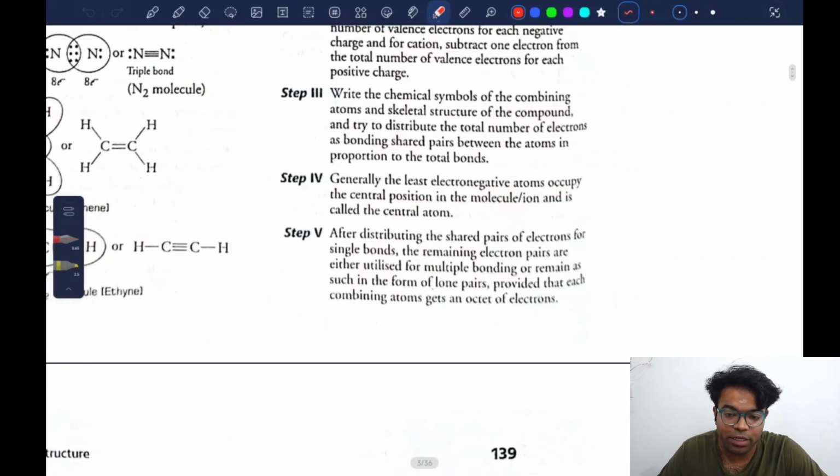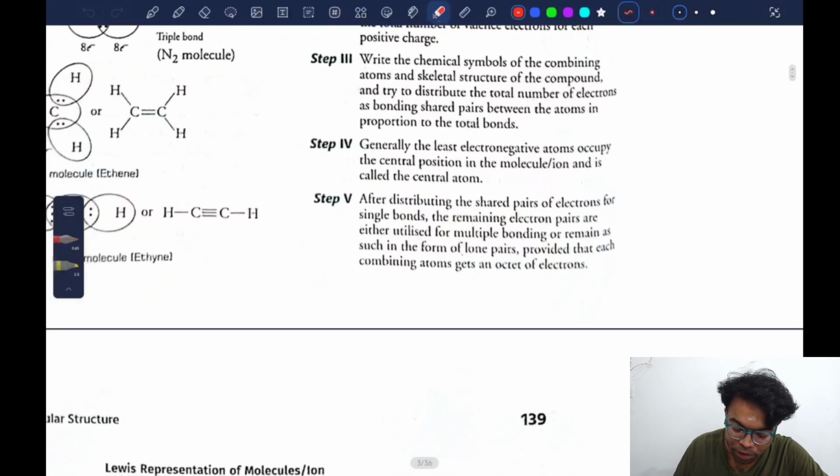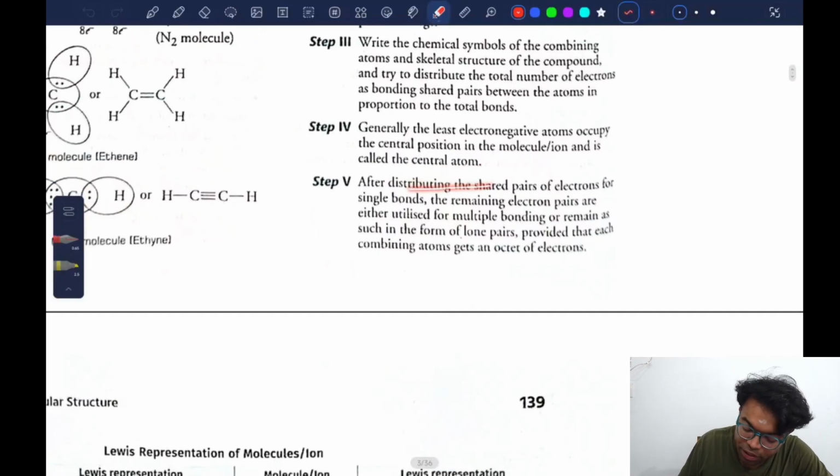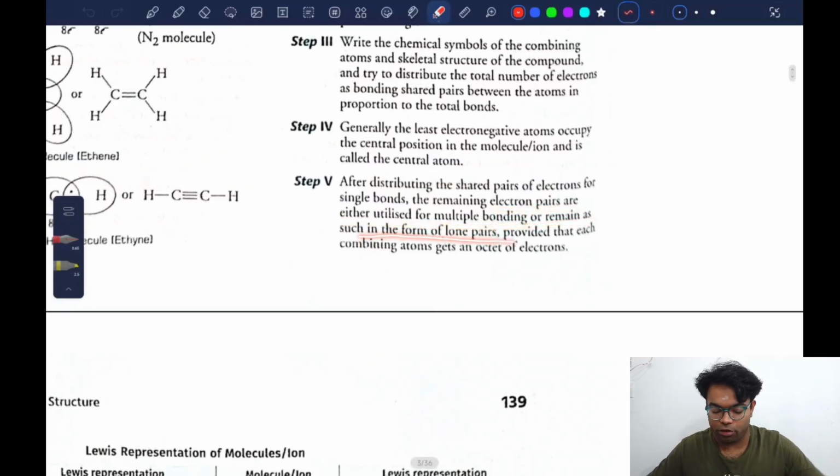Electronegativity is the ability of an atom to attract the shared pair of electrons towards itself. So generally the least electronegative atom occupies the central position in the molecule, and it is called the central atom. After distributing the shared pair of electrons for single bonds, the remaining electron pairs are either utilized for multiple bonding or remain as such in the form of lone pairs of electrons.